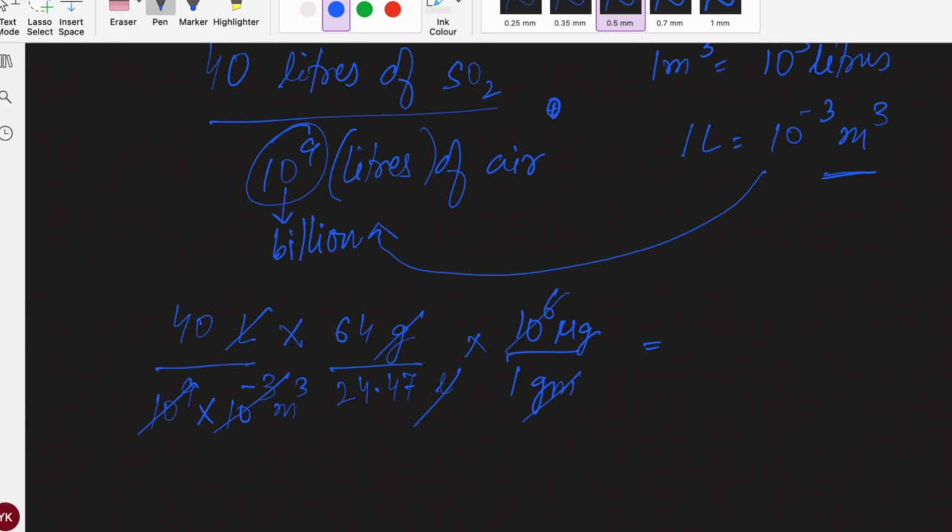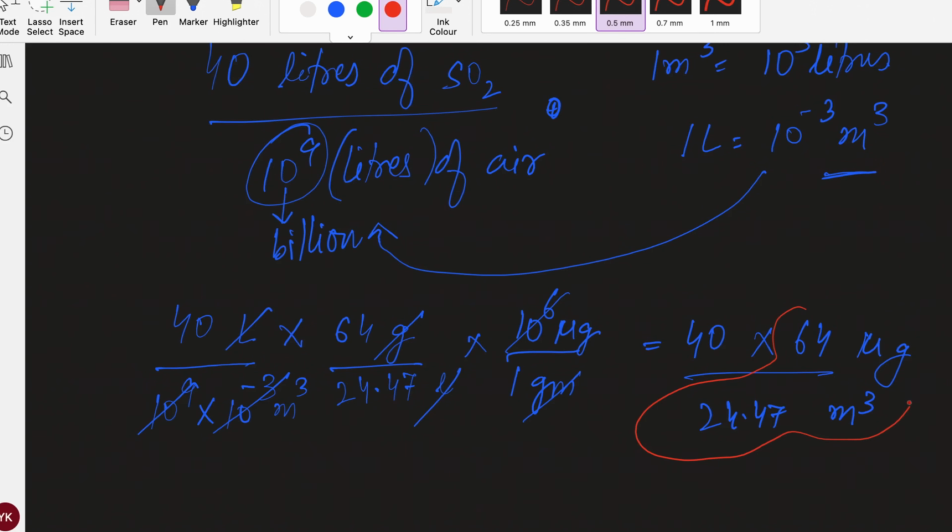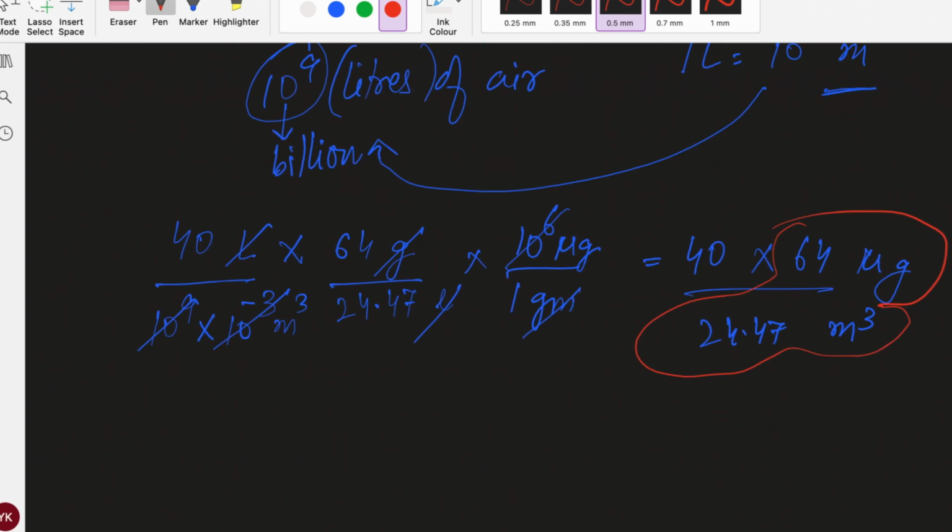So all the numbers cancel, and we are left with 40 into 64 microgram divided by 24.47 meter cube. This particular number is nothing but our magical number that we used previously, where the numerator is the molecular weight and the denominator is the volume of an ideal gas.